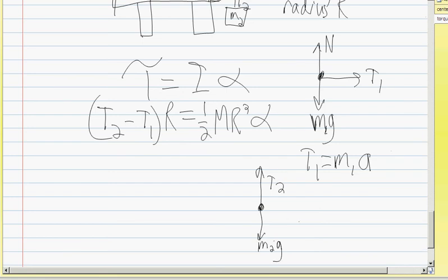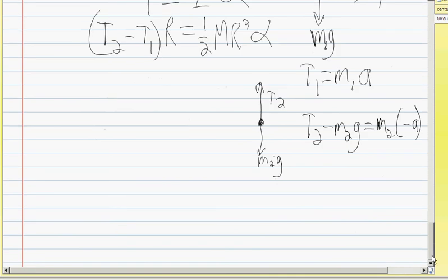This is M1G, sorry. And we know that T2 minus M2G is going to equal M2 times negative A, because it's headed downward, the other one's headed to the right. So now we can solve, because I'll have T2 equals negative M2A plus M2G.